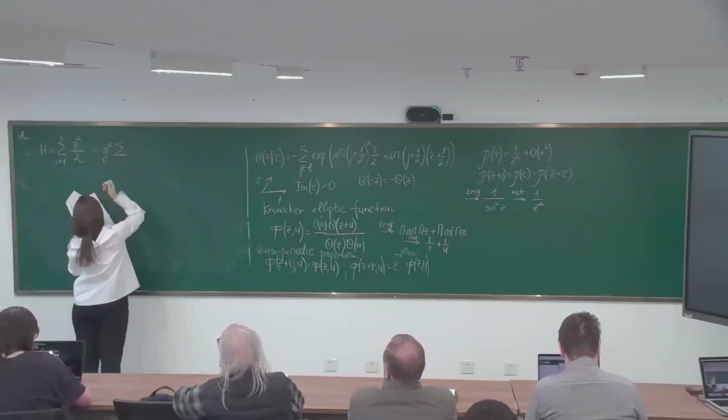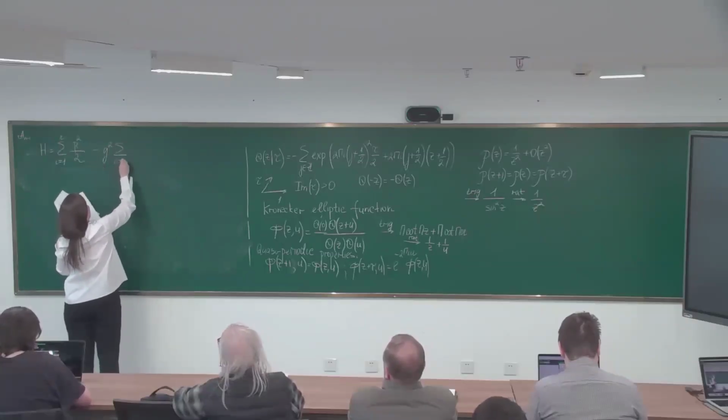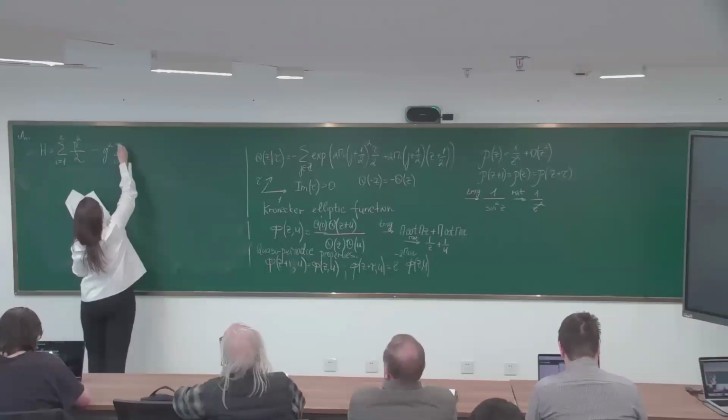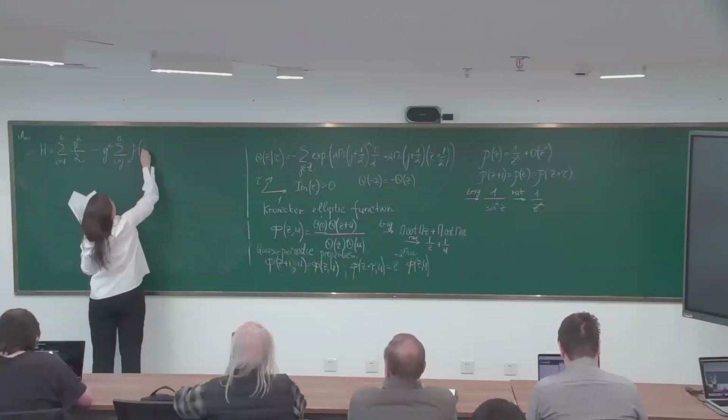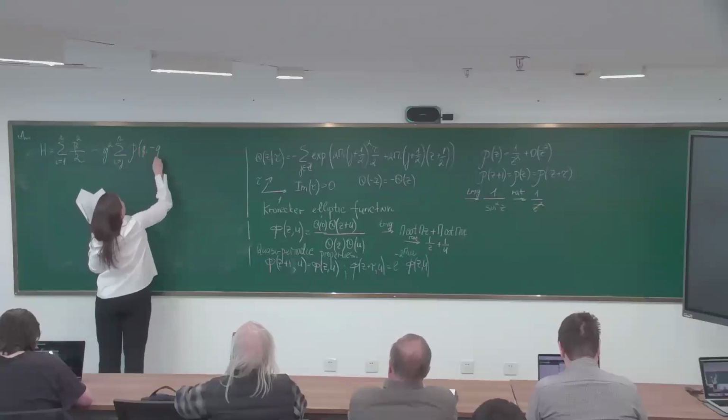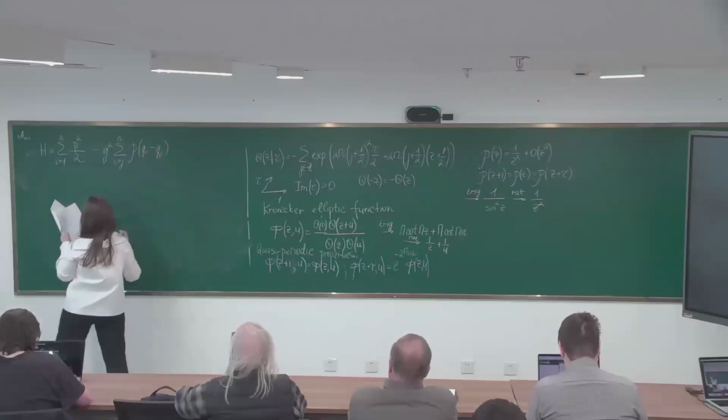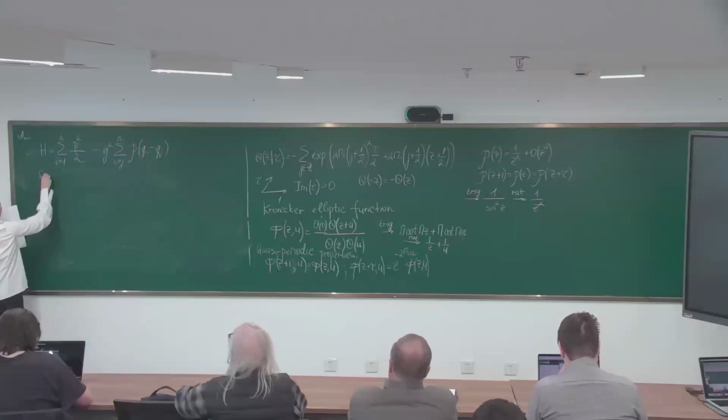So we have the sum of squared momenta and the potential is given by the Weierstrass function of the coordinates. So we have the canonical Poisson bracket.